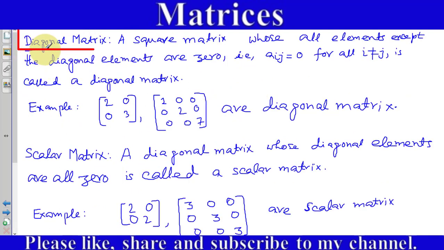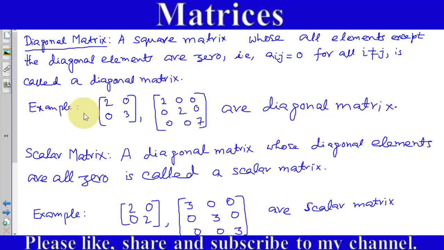Diagonal matrix. A square matrix whose all elements except the diagonal elements are 0, that is Aij is equal to 0 for all i not equal to j, is called a diagonal matrix.